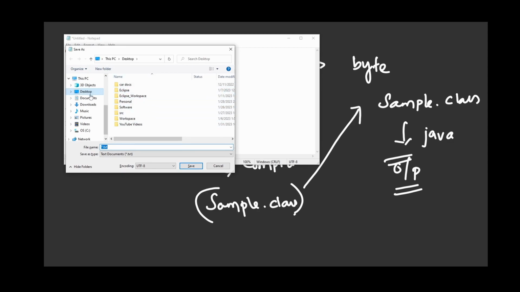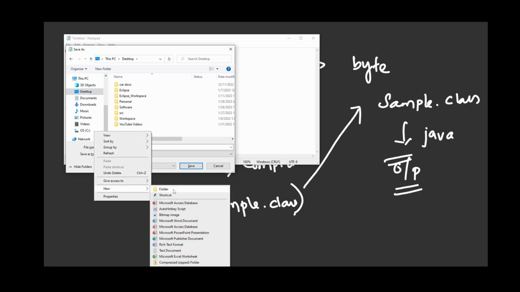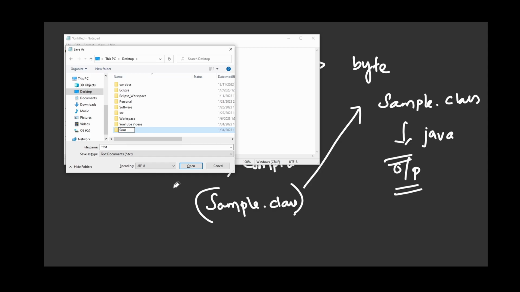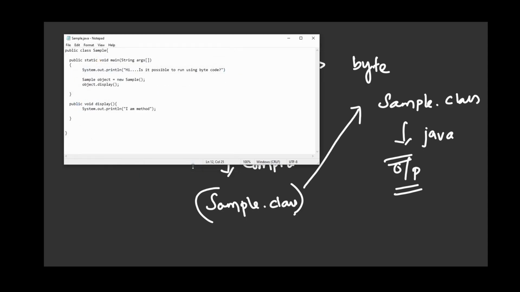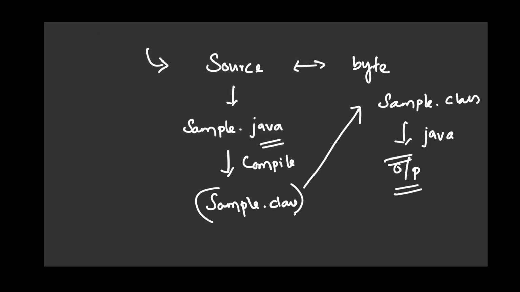As I said earlier, on the desktop I'm going to create a new folder called source. Now I have created a new folder, and currently I'm in the source folder. I'm going to save this file as sample.java. Now I have saved this file, and I'm going to close it.